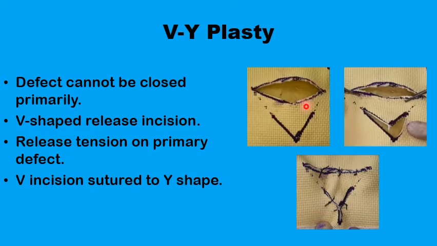You need a release incision, and if you choose to have a V-shaped release incision of this shape, not reaching up to the defect itself, it stops here, then you can advance that piece of skin without much tension to effect primary closure. You'll be left with the V-shaped release incision that is going to be sutured like a Y.